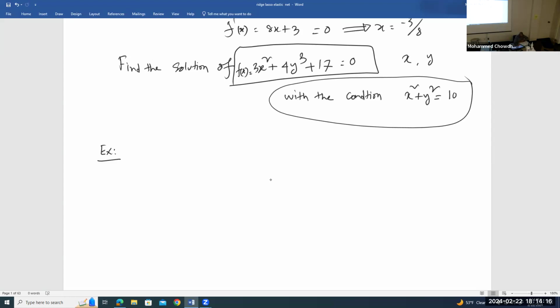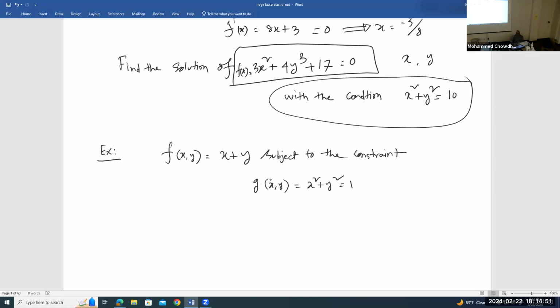I want to solve the function f(x, y) equal to x plus y, subject to the constraint g(x, y) equal to x square plus y square equal to 1.